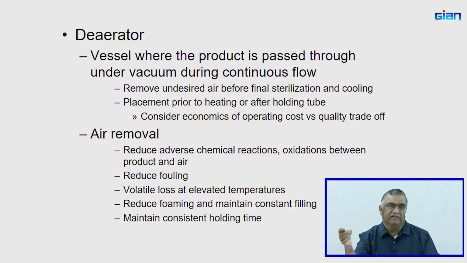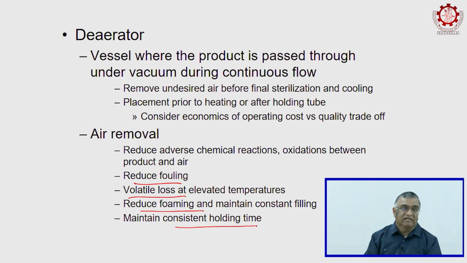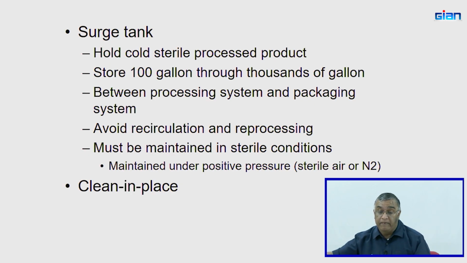The other thing is, air also has oxygen. Oxygen, when you store the product for a longer time, can affect the shelf life and quality of the product. So, you add a deaerator so that you can remove the air, and it helps to reduce the fouling, it can help to reduce the volatile loss, reduce the foaming, and then you are able to maintain consistent holding time under those conditions.